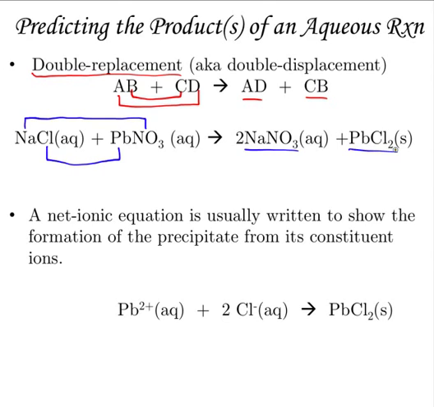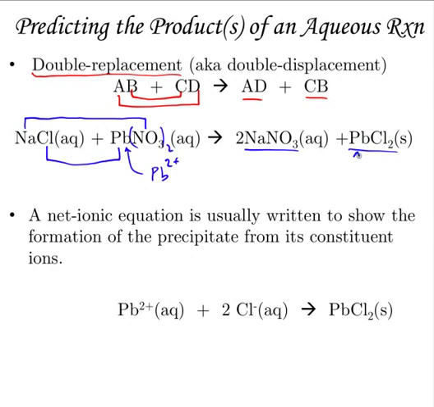Now, please note, this is very important when you do this, that the charges never change, especially for the transition metals. Remember when we went back to nomenclature and you learned that transition metals can have different oxidation numbers. So here, this is going to be lead 2 plus. There should be really a 2 there. Sorry about that.